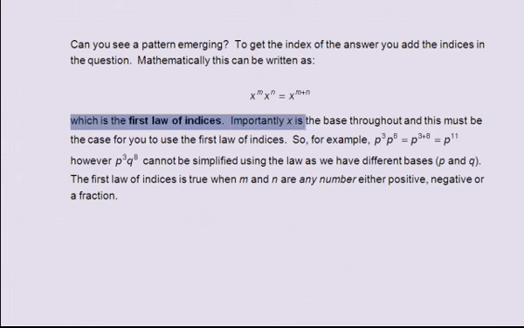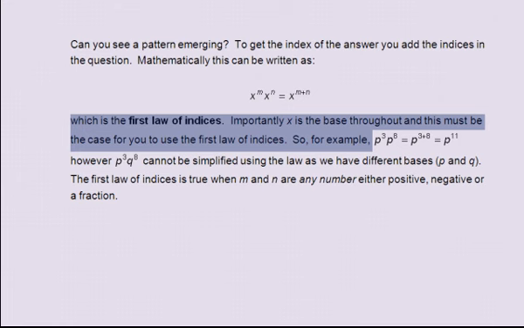Importantly, x is the base throughout, and this must be the case for you to use the first law of indices. So, for example, p cubed times p to the 8 equals p to the power 3 plus 8, which equals p to the power 11.